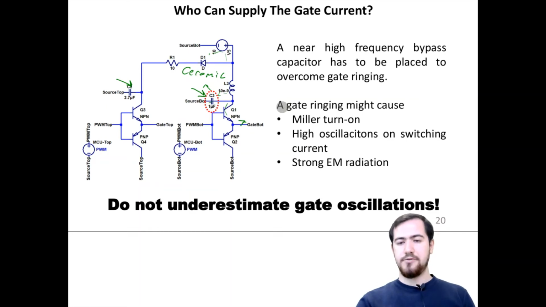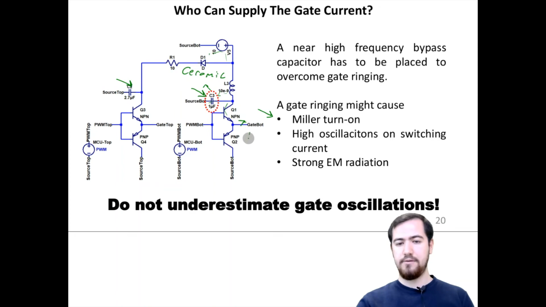The gate ringing, the oscillations on the gate, might cause a Miller turn-on. I would like you to search for this Miller turn-on, which is a very important concept, and it causes some oscillations on the switching current, because our MOSFET's conductivity depends on the gate source bias level.